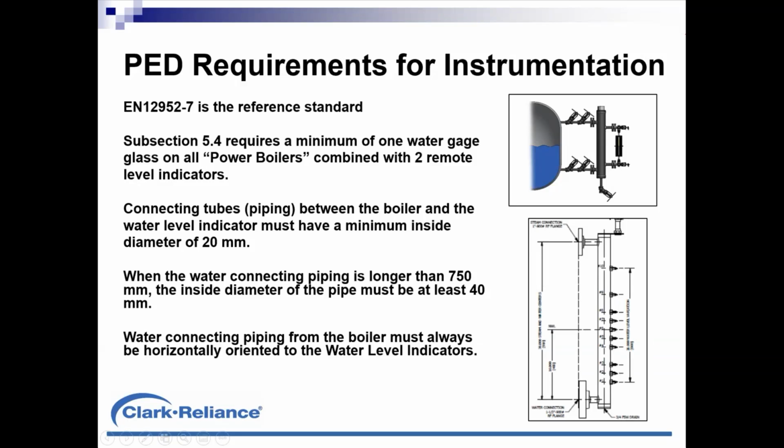And sometimes on ASME applications, you may see an upward slope in the water line so that we don't have trappage. But this is a requirement in EN. So I want to try to highlight and contrast some of these things as we go through this presentation today.